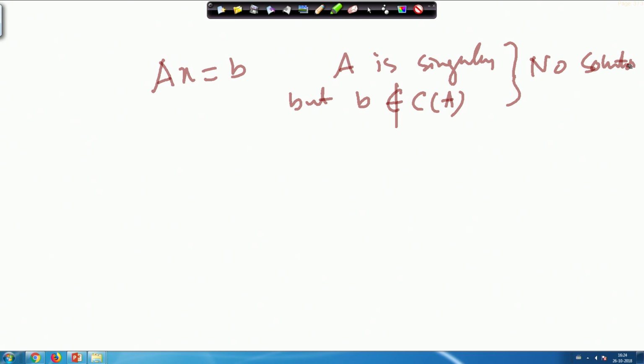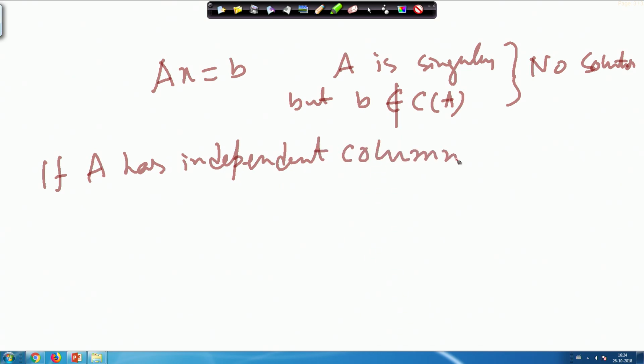So, the nearest solution can only be obtained if A has independent columns. If A does not have independent columns, then this is more critical. We have not discussed it, but you have to actually remove the dependent columns from the A matrix and trim down the equations.